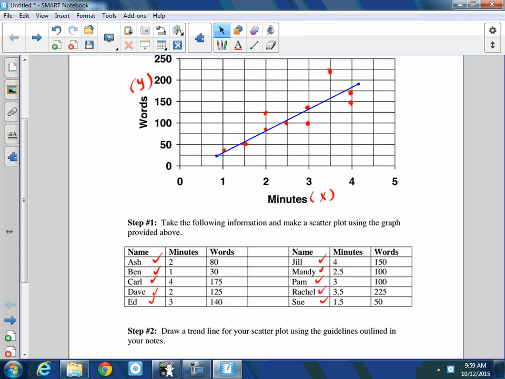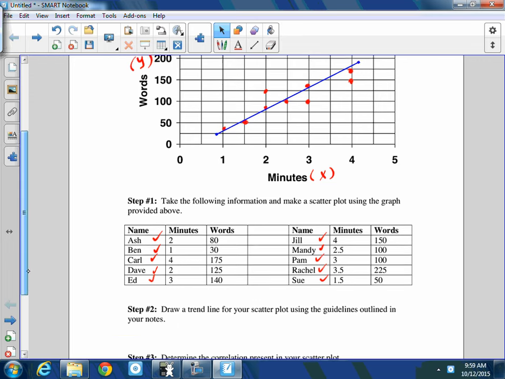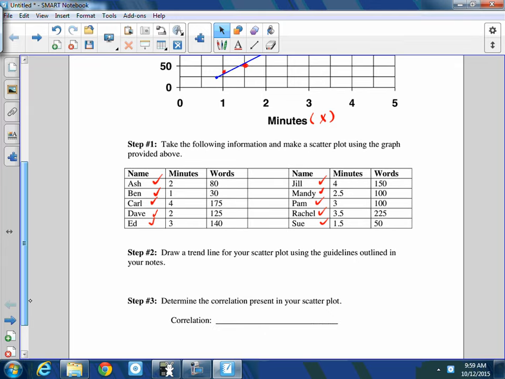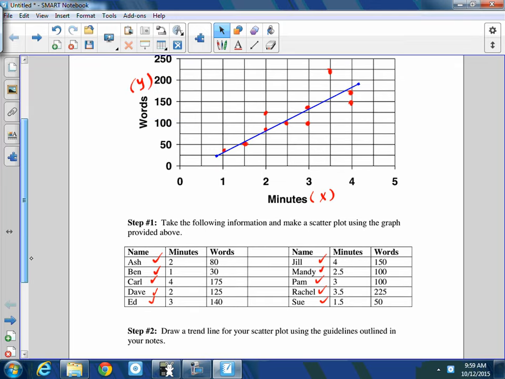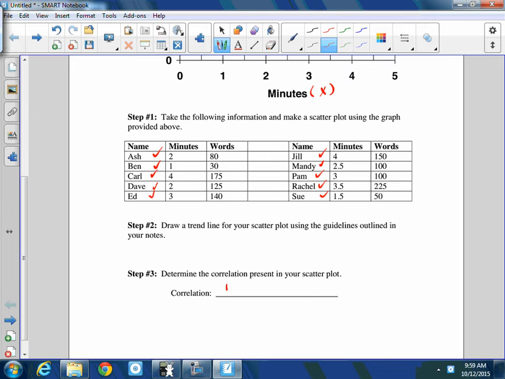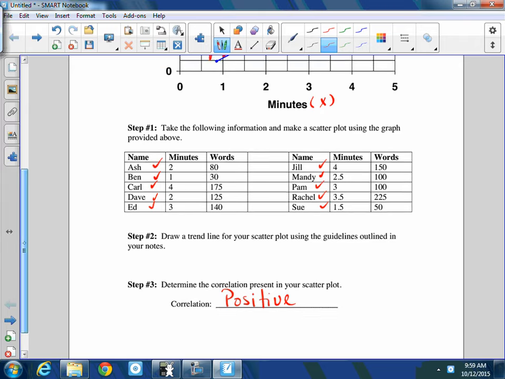Determine the correlation present in your scatter plot, which is definitely positive. Just like going up or down, like we've learned already about slopes. That will be a positive correlation. You can tell by the graph.